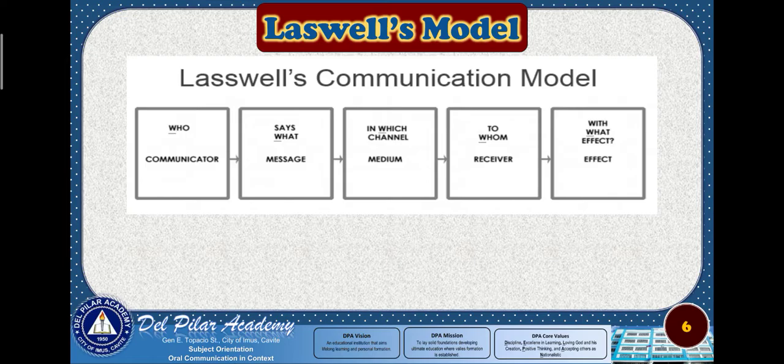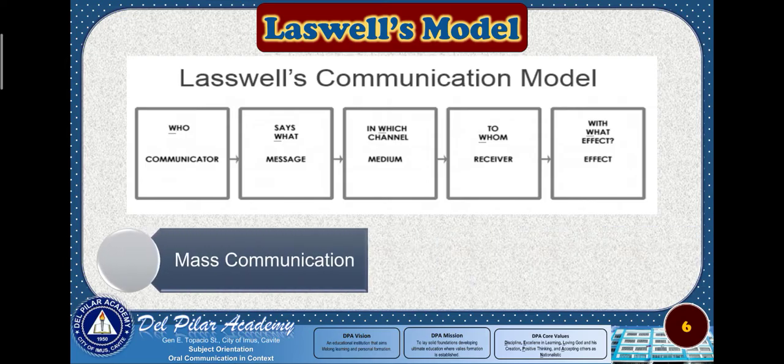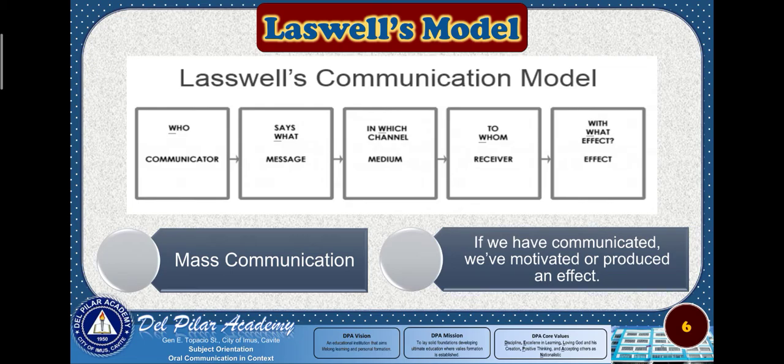If the sender sends a message, the receiver should experience an effect based on the message of the sender. It is based on mass communication, meaning there is a wide audience, and if we have communicated, we have motivated or produced an effect. That is the main point of this model.